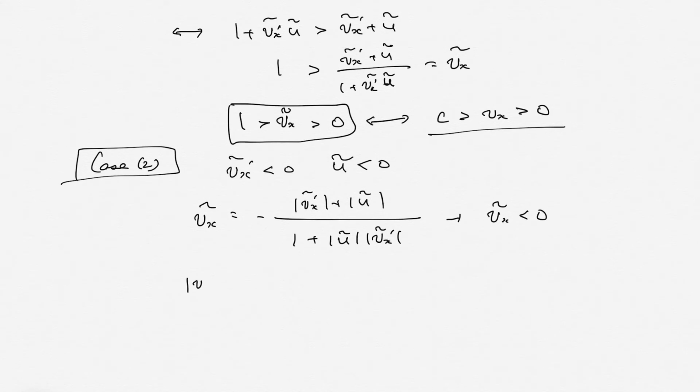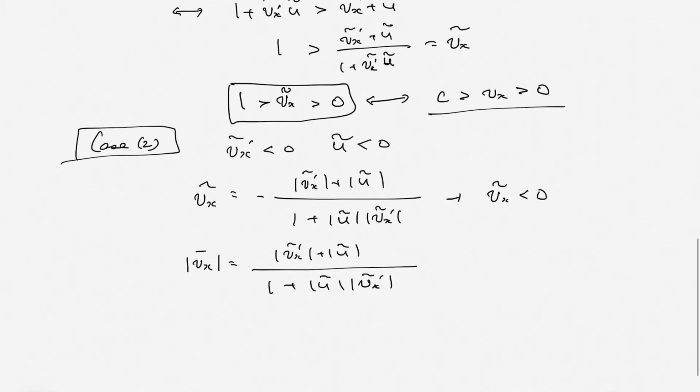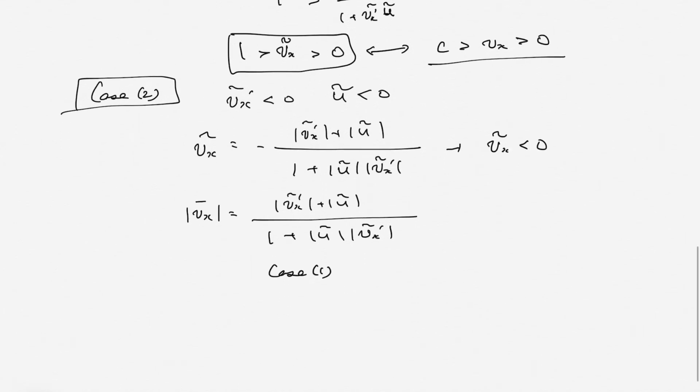If you take the absolute value, it's v sub x prime plus u over 1 plus u v sub x prime, which is the same result as case 1. So the absolute value is smaller than 1.